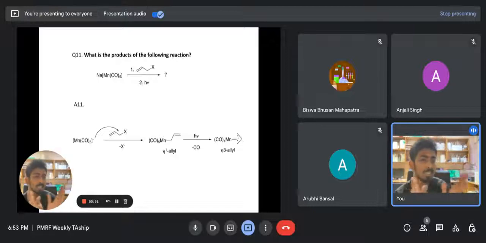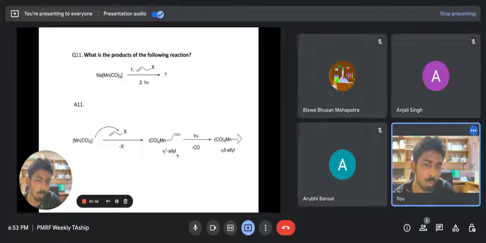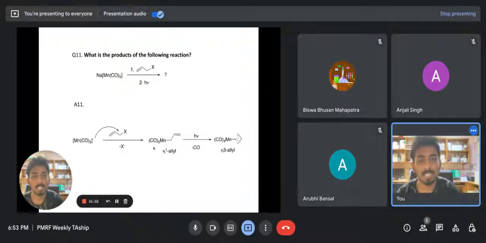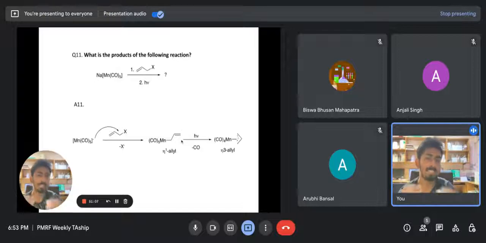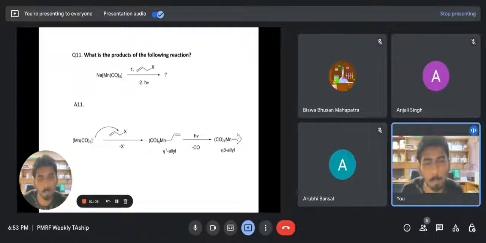These are called ring slippage reactions, where the donation mode of the ligand gets changed according to the environment around the metal center. Here, since one of the COs is eliminated, the allyl group has transformed itself from eta 1 to eta 3 to maintain the electron count of the manganese at 18.